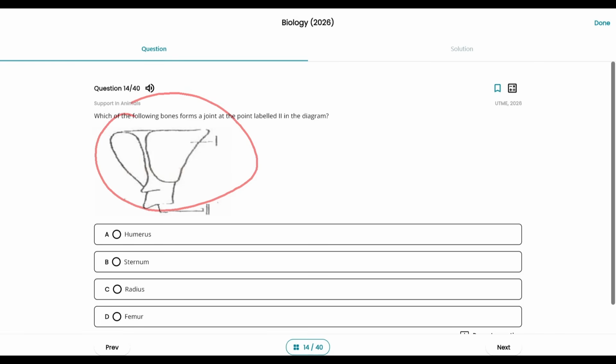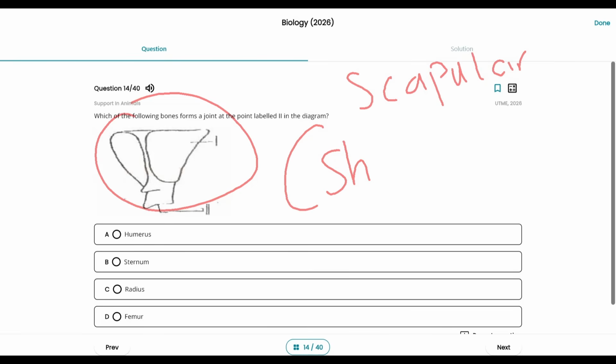Once you identify what it represents, then we can start looking for the answer. Okay? Alright. So this diagram represents the scapula. Another name for scapula is the shoulder blade.